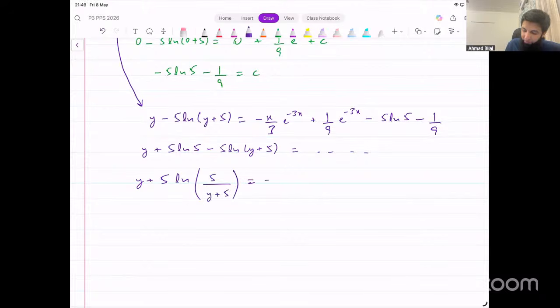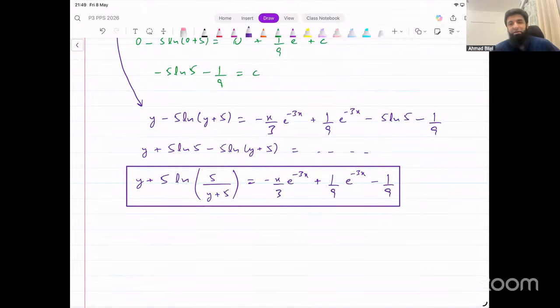On the other side, you have minus x over 3 e raised to power minus 3x plus 1 over 9 e raised to power minus 3x minus 1 over 9, and that will be your final answer.